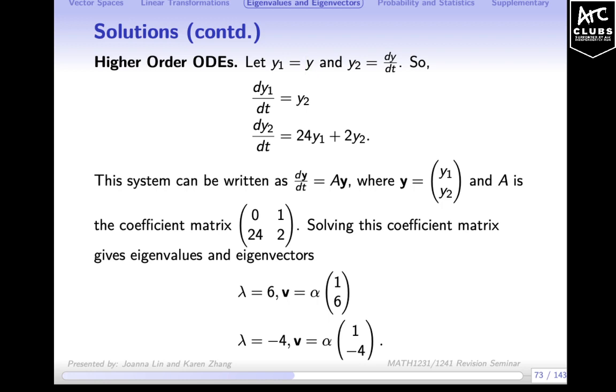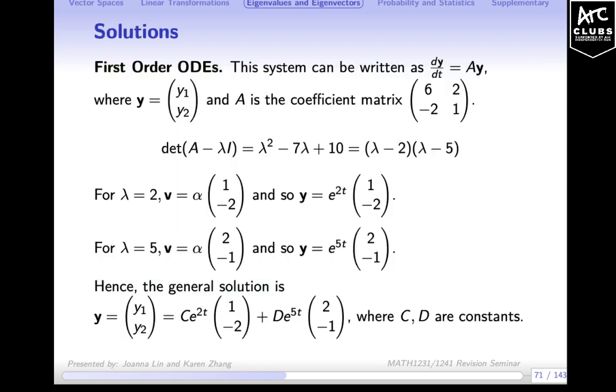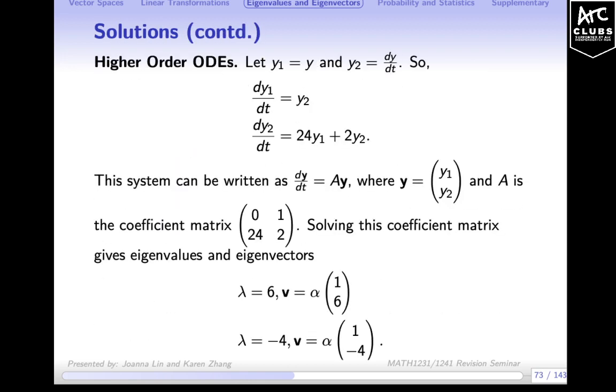If we go back to our question, we have our second derivative here. If you take that as subject, you have 24y plus 2 dy/dt. And we know that dy/dt is y2 and y is just y1, which is how we convert our second order ODE into these two equations. Once we have our two equations, everything else is just like we did before.